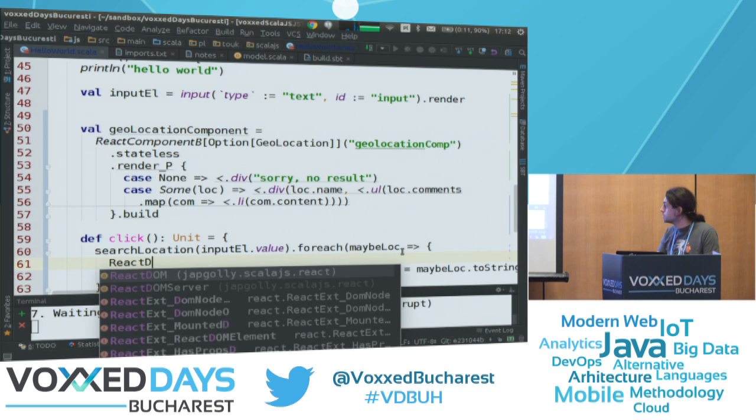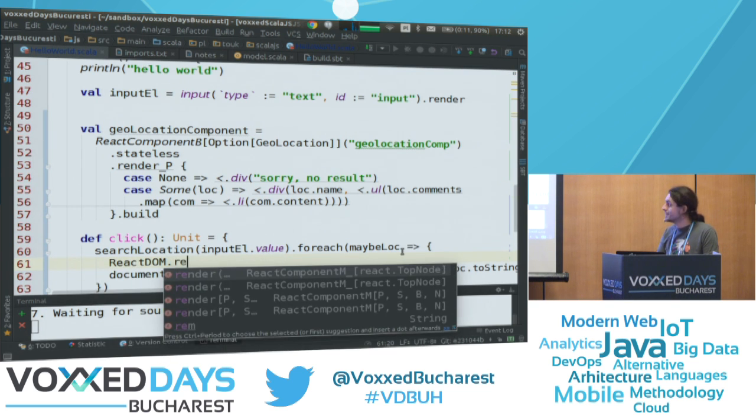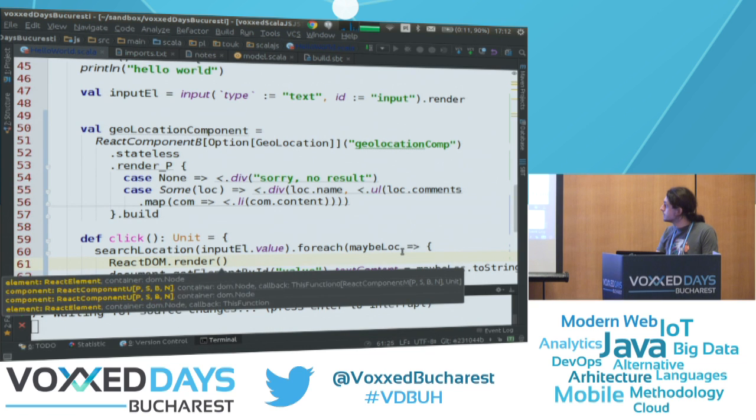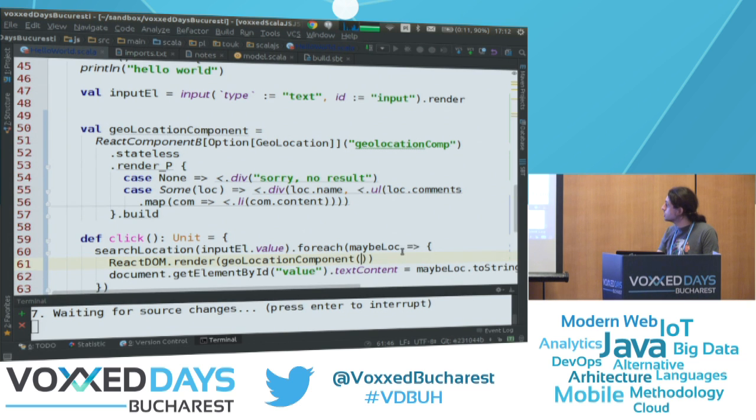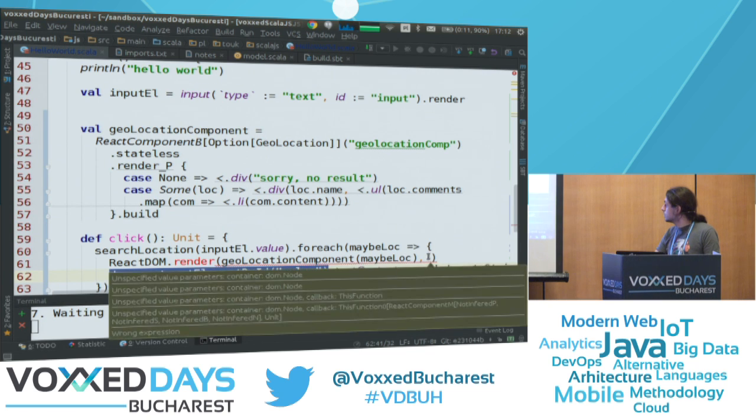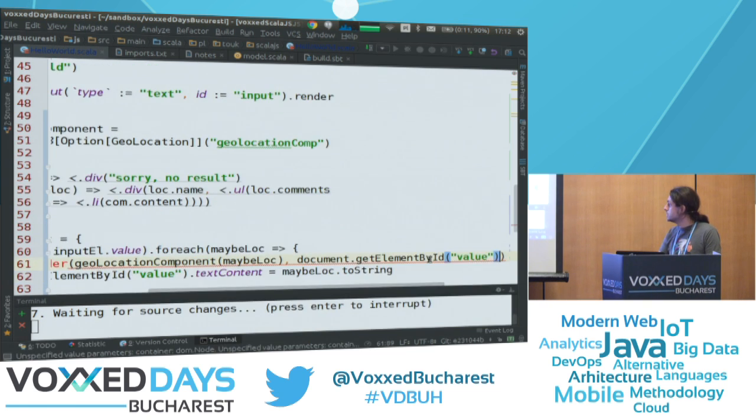Well, we invoke some nice static method that's called geo. We are creating a geolocation component. We're passing our searched geolocation to it, and we tell it where it should be rendered. On which DOM node it should be rendered.